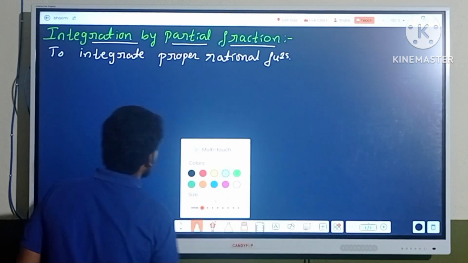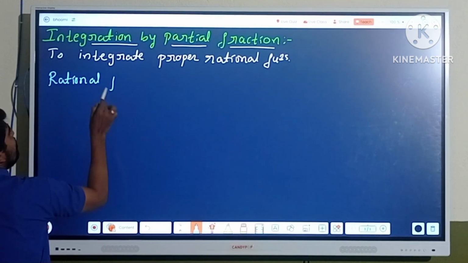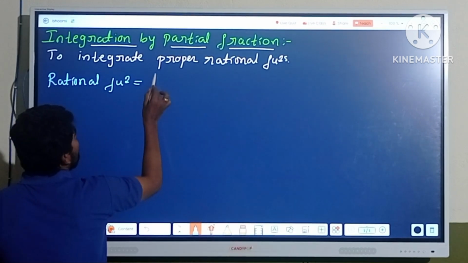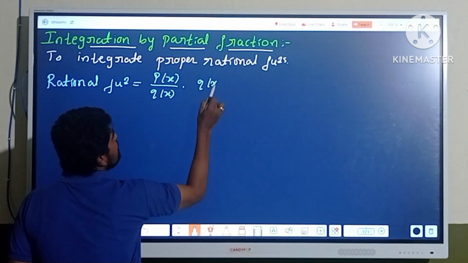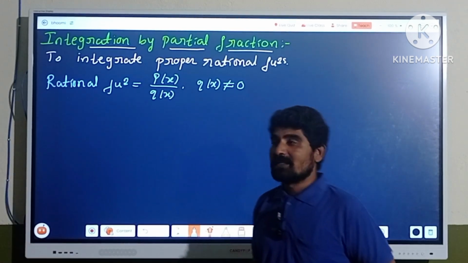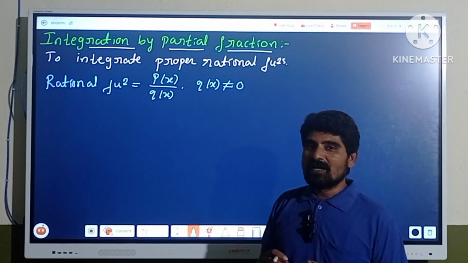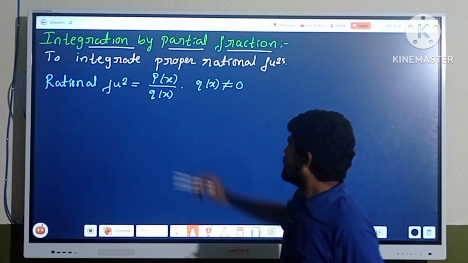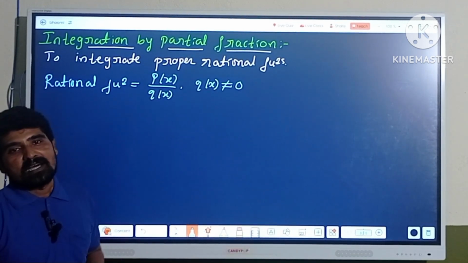A rational function means any function of the form px divided by qx, where qx is not equal to 0 and both px and qx should be polynomials. Such types of functions are known as rational functions.